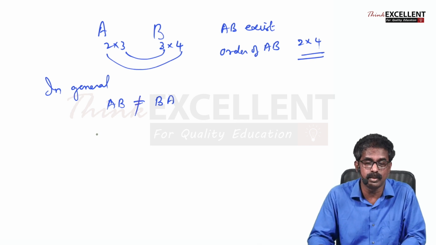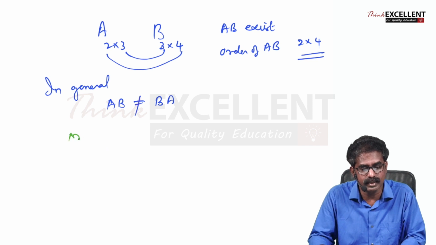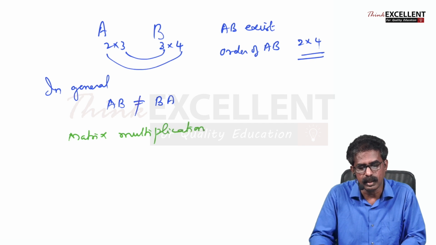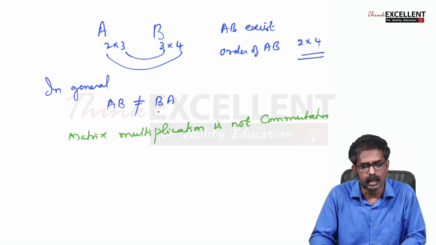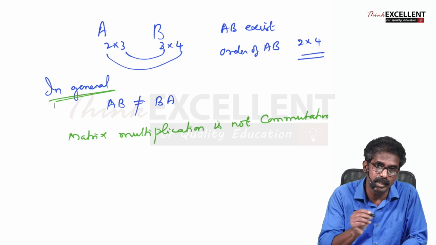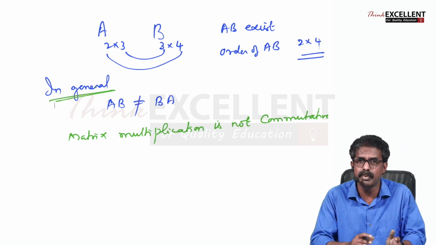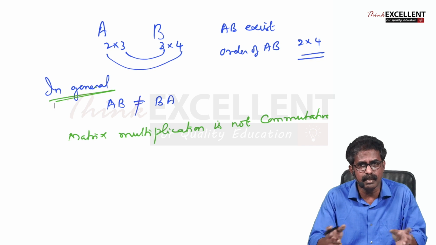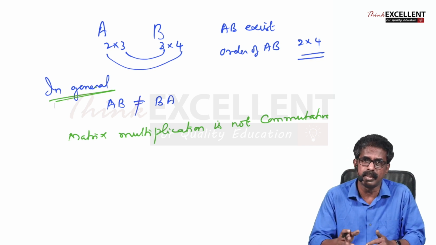But here it won't satisfy. So matrix multiplication is not commutative. I said in general, that means in some cases it may be equal. Okay, in general AB not equal to BA, but rarely some special cases AB and BA are equal.